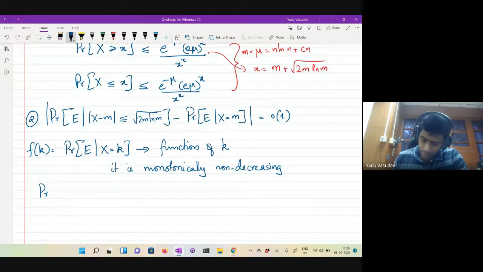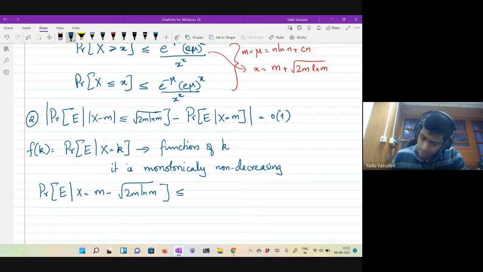What you can say is that the probability of E, given that x is equal to m minus square root 2m ln m, is at most the probability of E given that the modulus of x minus m is less than square root 2m ln m.